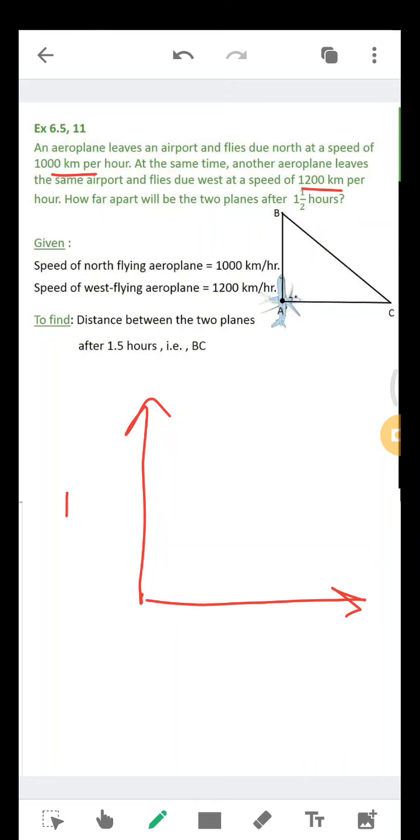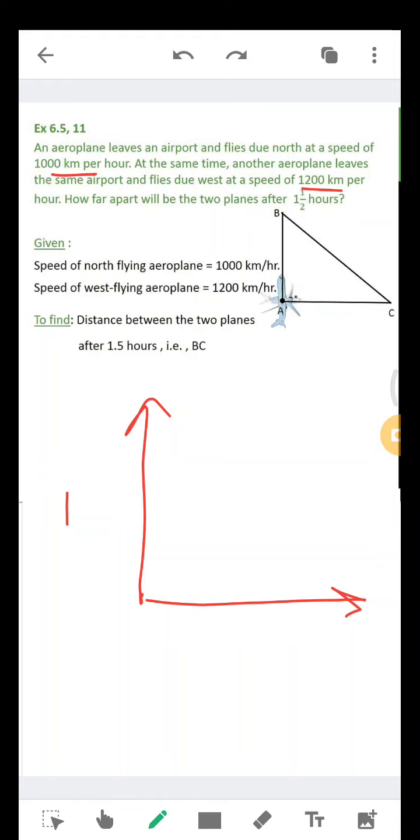This aeroplane is traveling with 1000 km per hour and this is traveling with 1200 km per hour speed. They flew for 1.5 hours. So we need to find the distance between the aeroplanes after 1.5 hours.